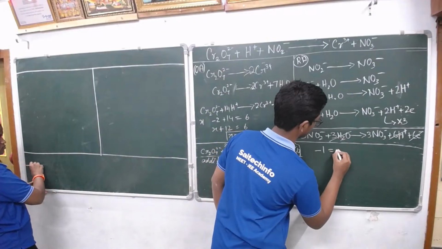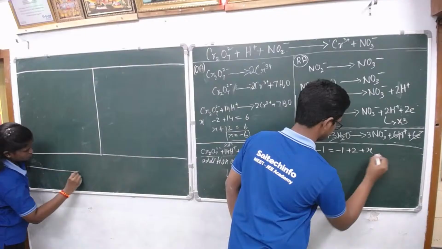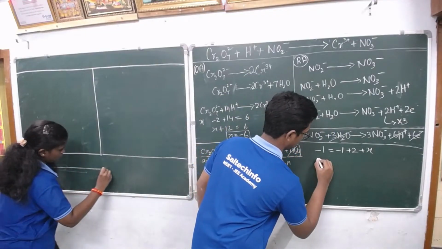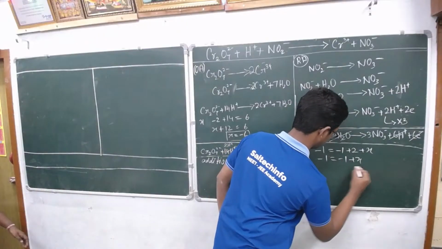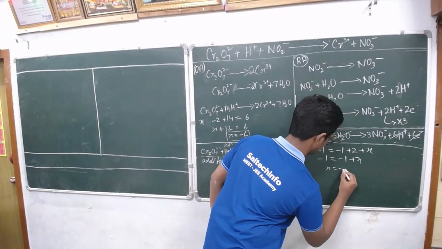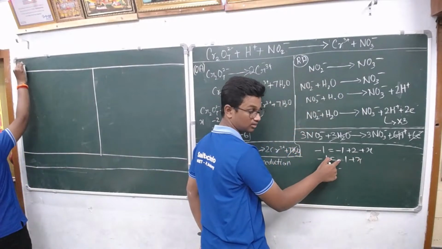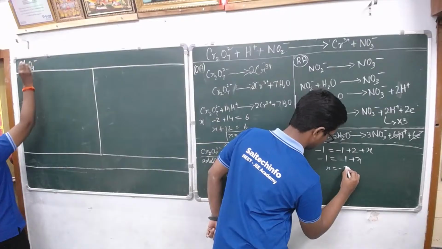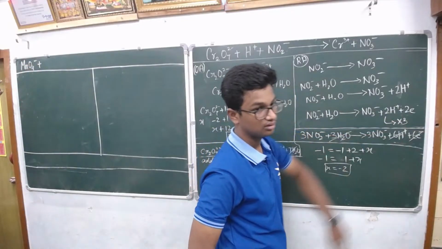Minus 1 equal to minus 1 plus 2 plus X. And then minus 1 equal to minus 1 plus X, and X is equal to minus... Why? Oh, sir, plus 1. The plus 1 will come because of plus 2, and then it will become like minus 2. So this minus 2 will be adding here, sir. Right.